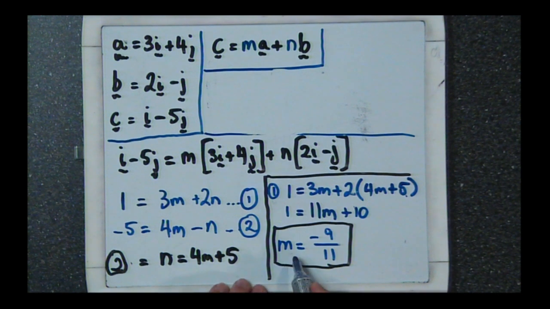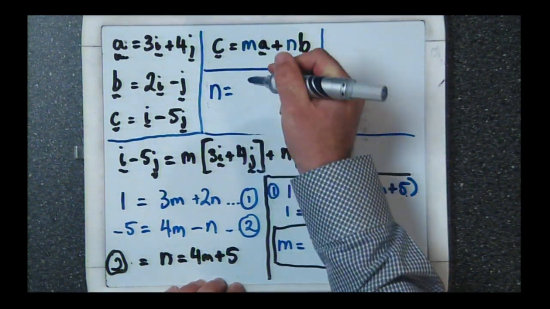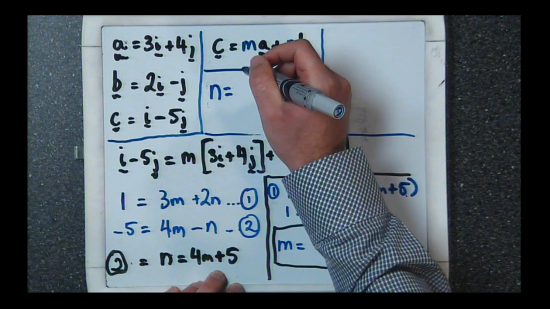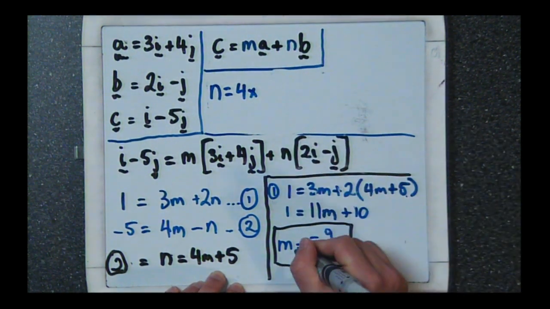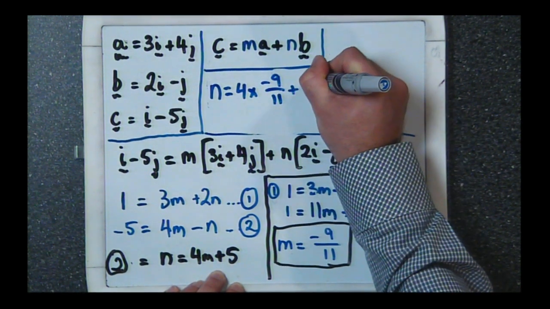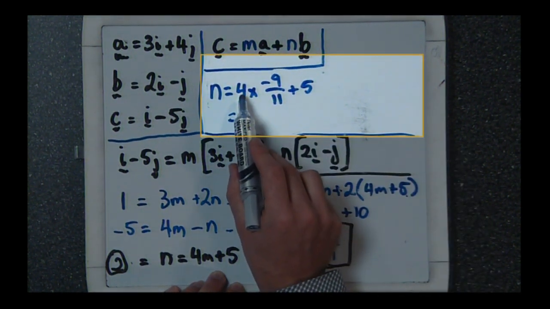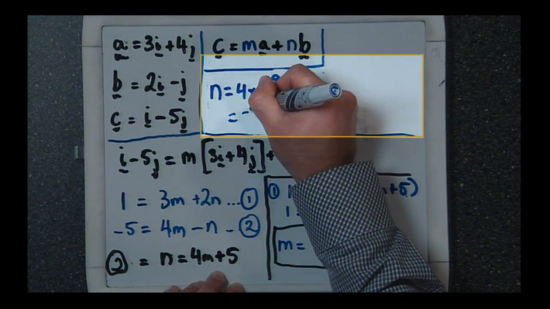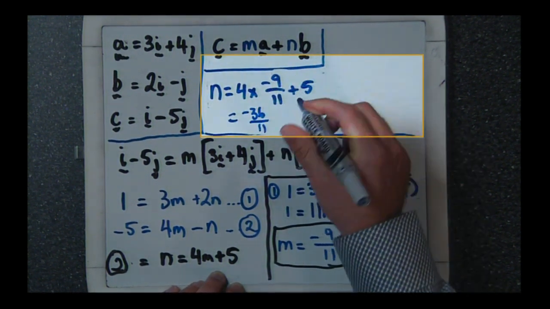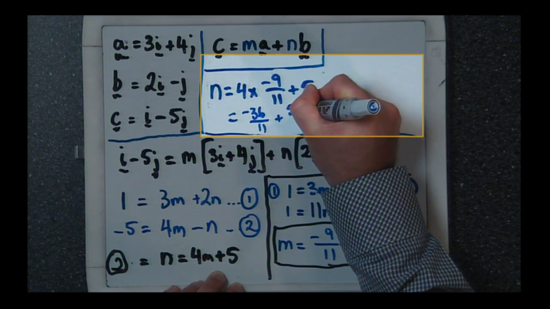Now we can substitute this m back into equation 2 and solve for n. So n equals 4 times m, that's 4 times negative 9 on 11, plus 5. 4 times negative 9 is negative 36 over 11, plus 5, which with a denominator of 11 is 55 over 11.